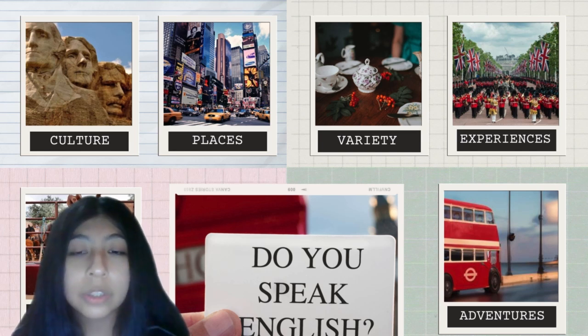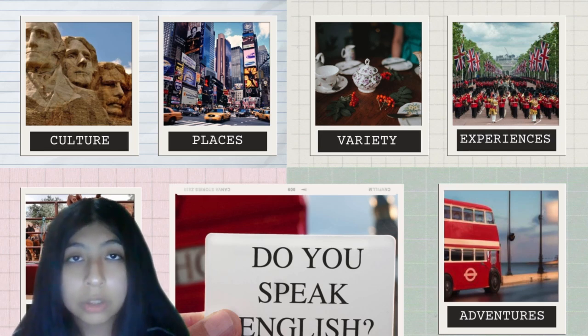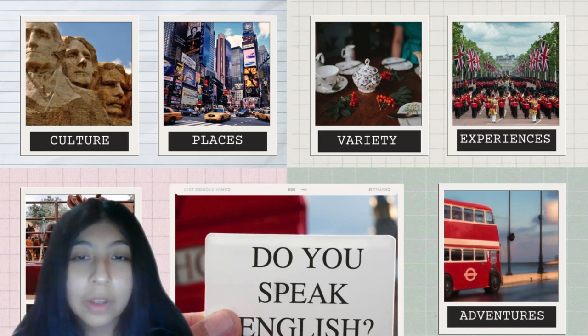The regions actually contribute to the richness of linguistic and cultural diversity in the English-speaking world. So choosing between American and British English depends on personal preference or the context of use.